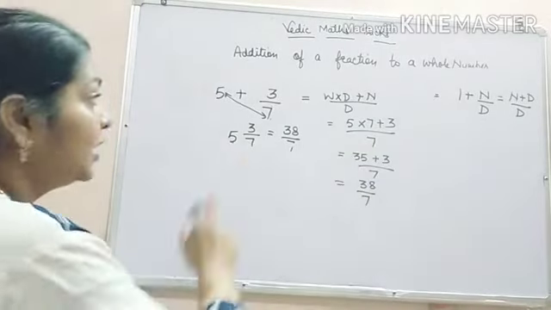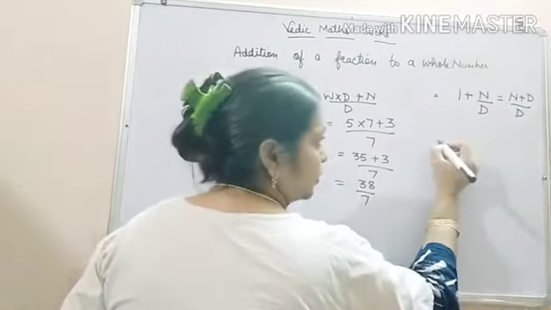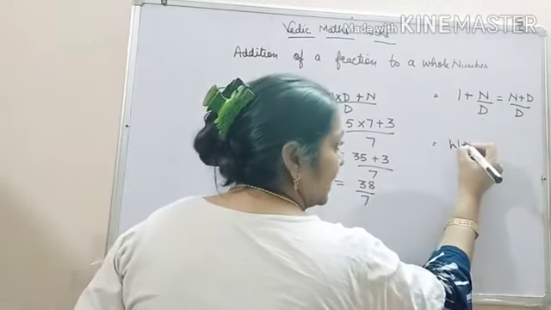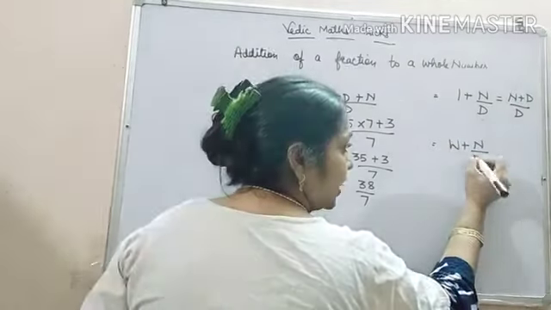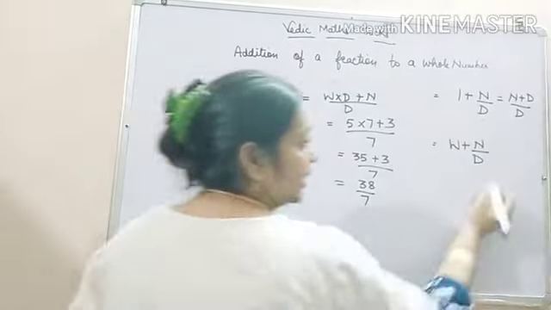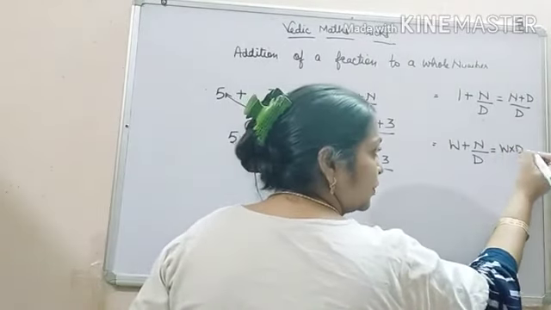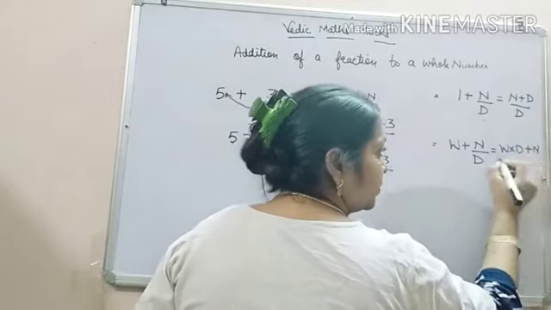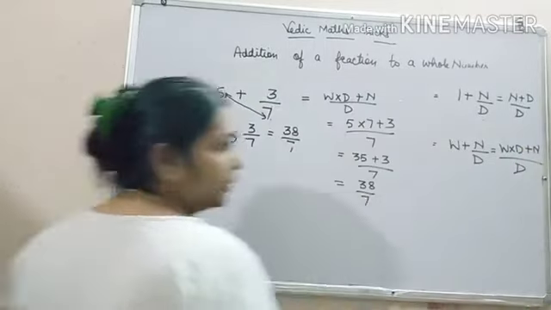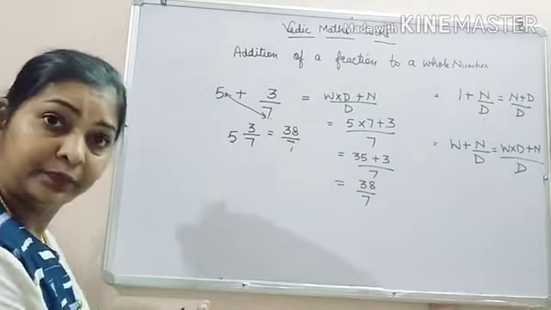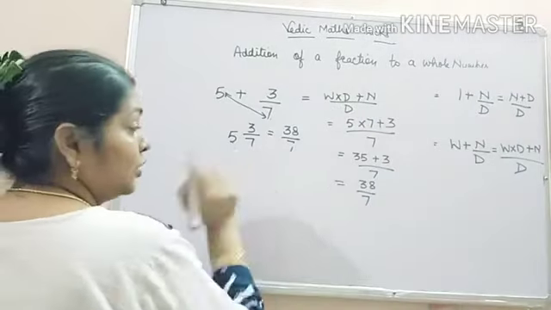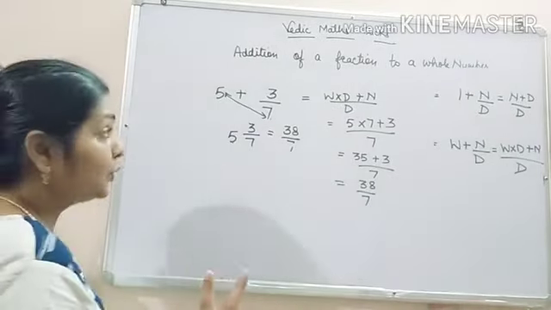So you can note down the formula for this also. When you add any whole number to numerator upon denominator, that means any fraction, your answer will be whole number into denominator plus numerator upon denominator. Is that clear?